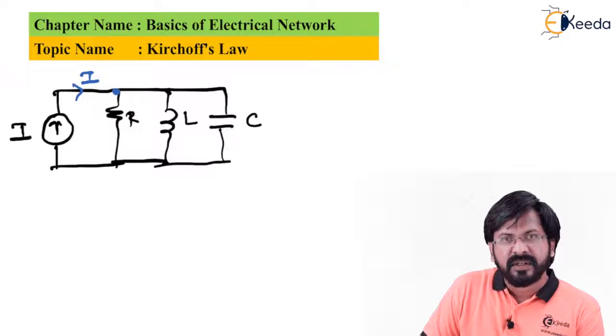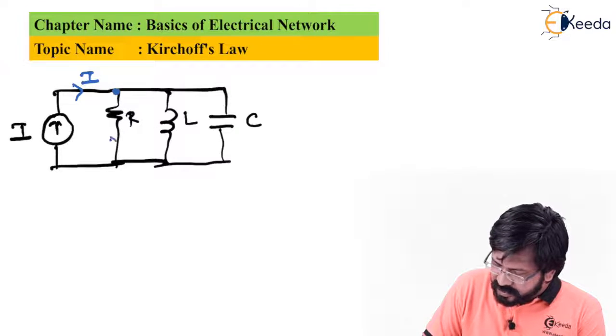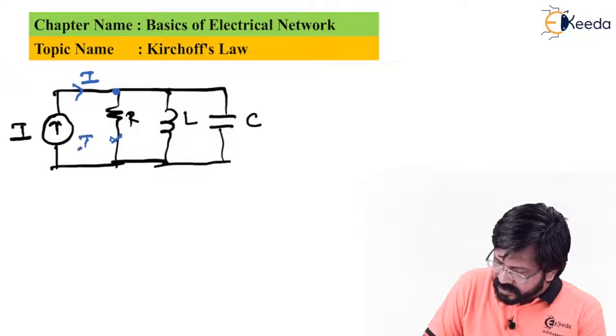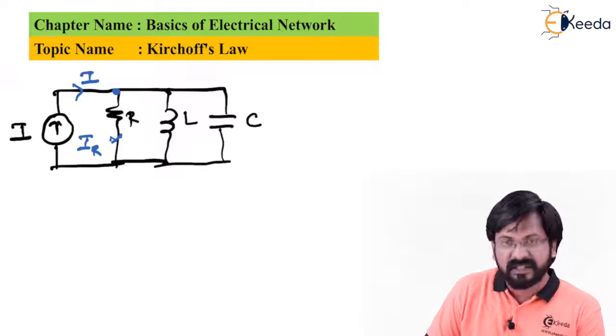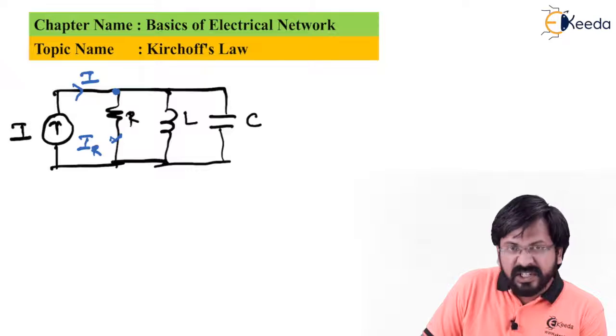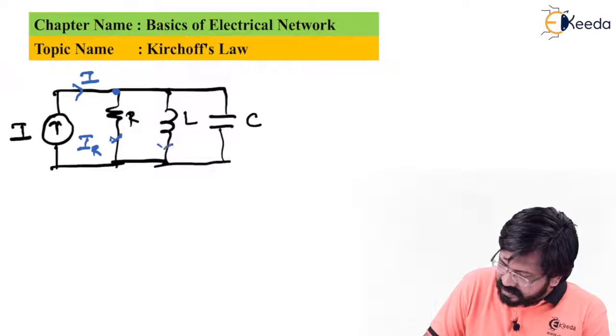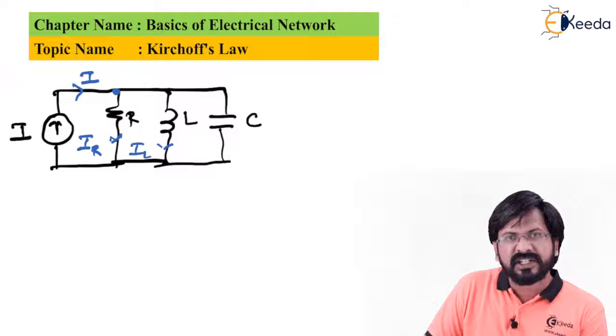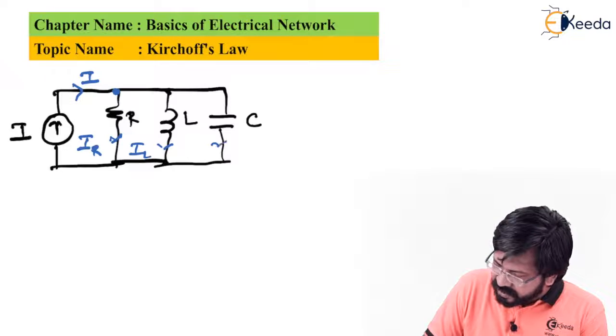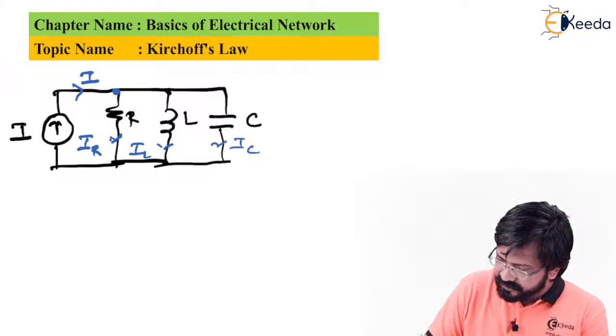Some current gets into the resistor. Let us define this current through the resistor as IR. Some current enters the inductor element. Let's say that current is IL, and the remaining current enters the capacitor. Let us define that current as IC.